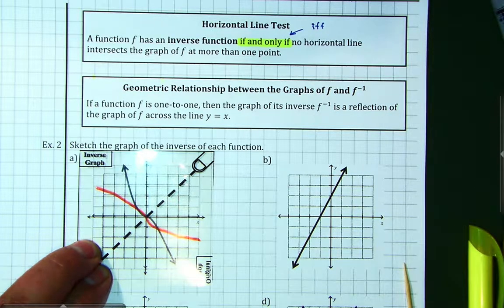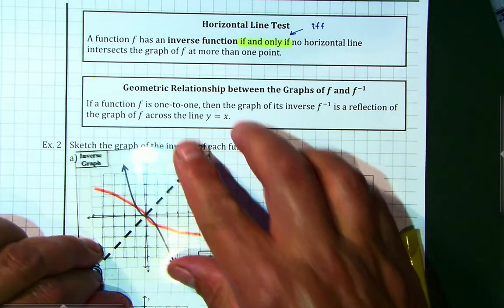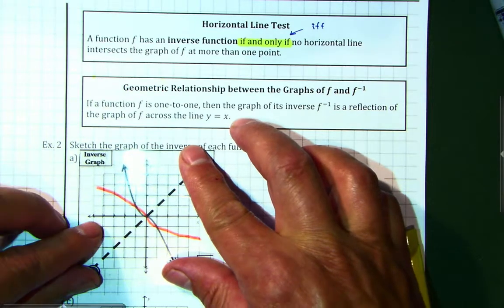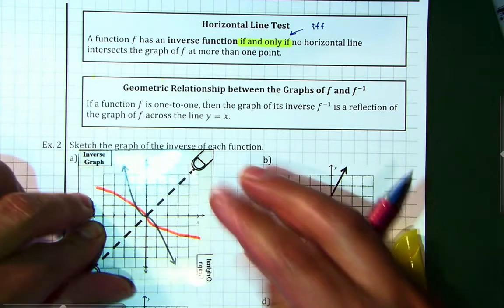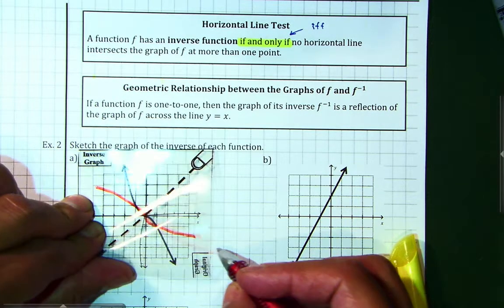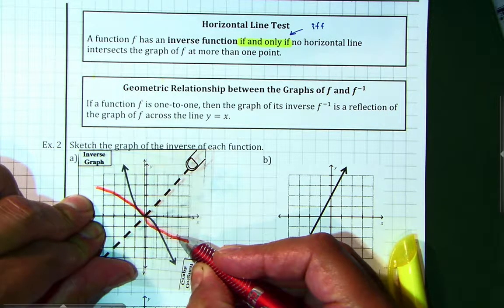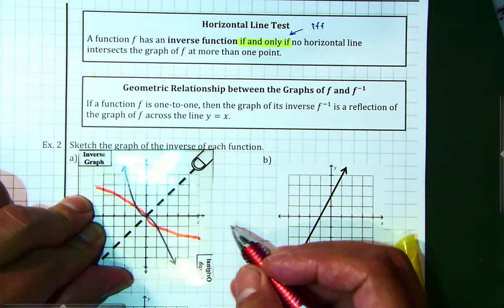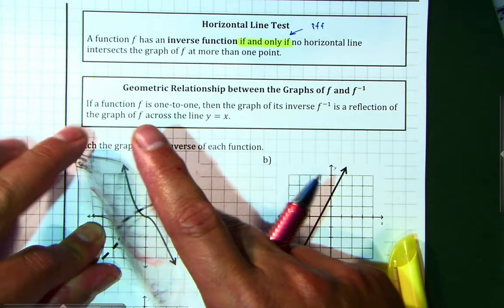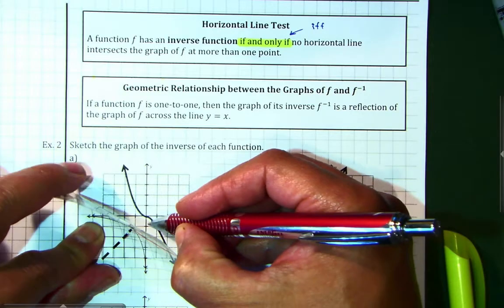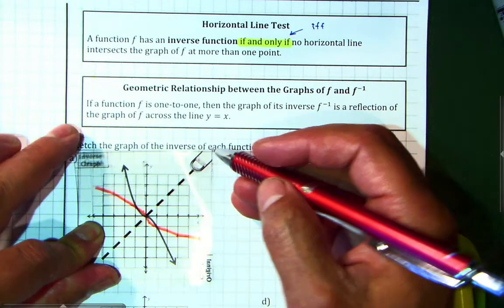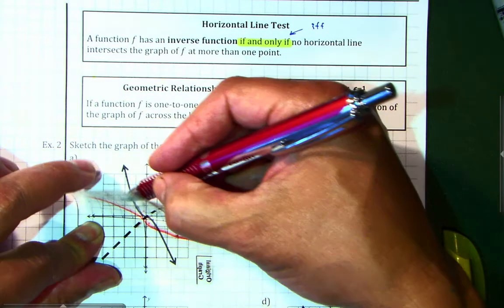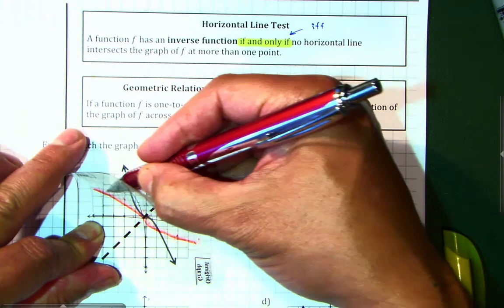So I'm just going to copy it down, and I'm going to copy it down in red. So I have a point here and a point here, and then it finishes off over here. And I'm going to do the same thing here. And notice that's here, that's up there, that's here, and here, and here.